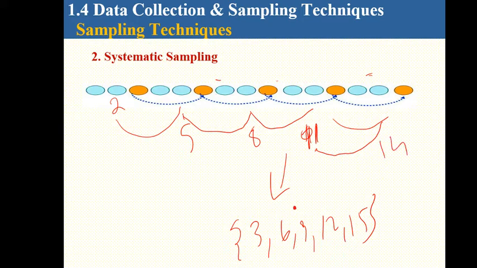So if you choose a different starting point, your sample set might be 2, 5, 8, 11, and 14. This might happen.